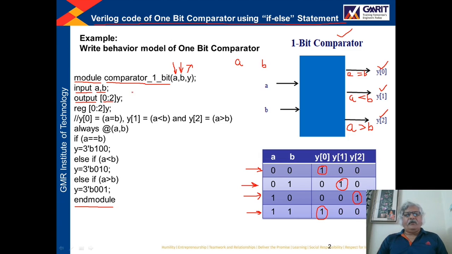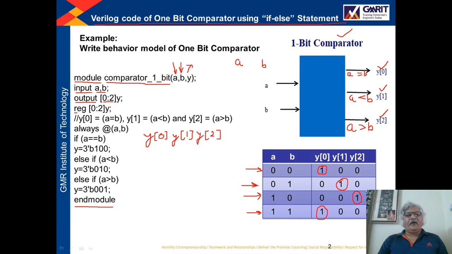With this 0 colon 2, we will create 3 bits, and these will be y0, y1 and y2. Right? So 3 bits are created, and these are our outputs.